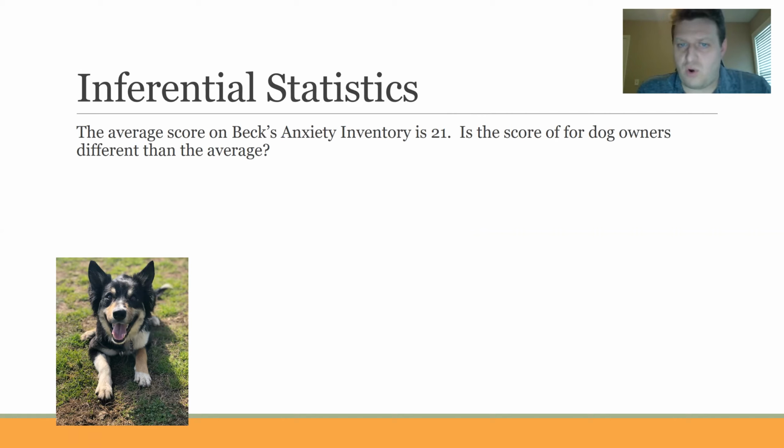We might get a score of 18. That's a little bit different than the average. It's lower than the average. But does that constitute a large enough difference that we're going to say that in the population, it's probably the case that dog owners have less anxiety than the national average?